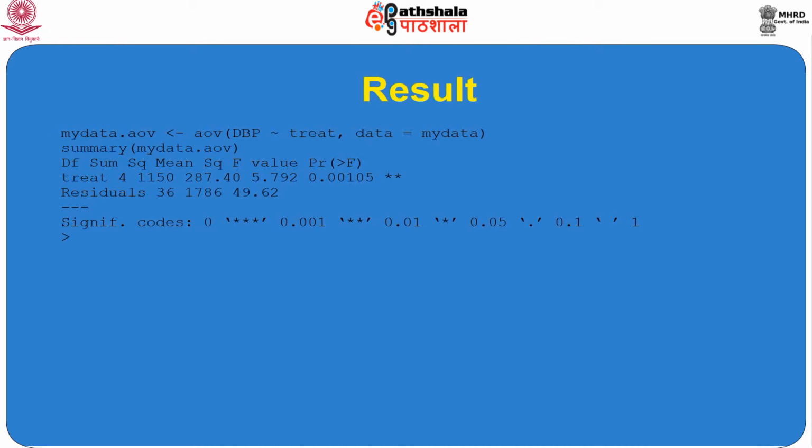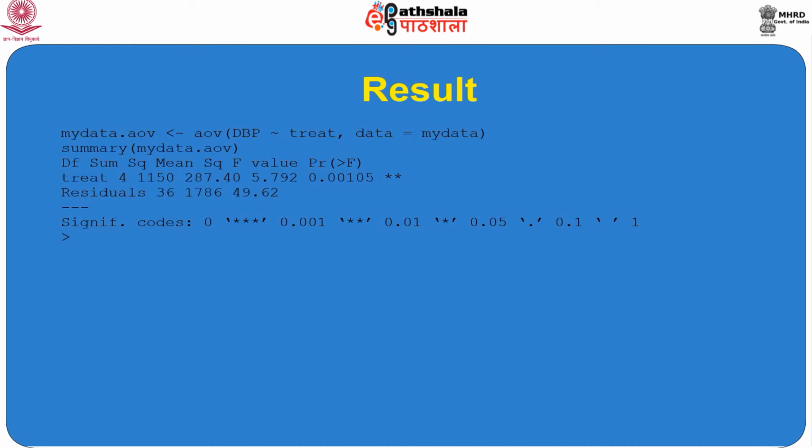Now the results obtained by applying mydata.aov, with aov taking BP, that is diastolic blood pressure, and treatment. Once we put the summary of mydata.aov, it shows that treatment-wise there is a significant difference, as the p-value is 0.00105.